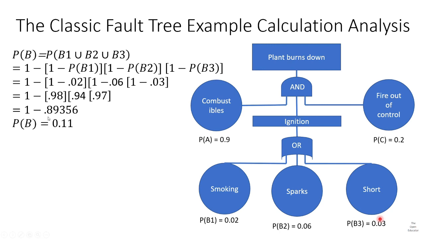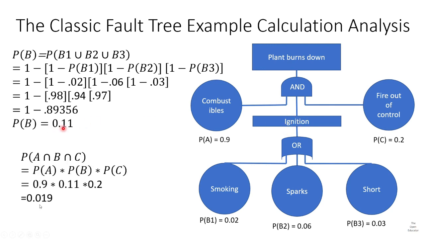So we will use addition for OR, and now we will use multiplication for AND. Okay, so we already know the score of the ignition, so it is 0.11. So we're going to have some substitution on it. Take for example the probability of A intersection B intersection C. Okay, so the probability of A is already available, 0.9.